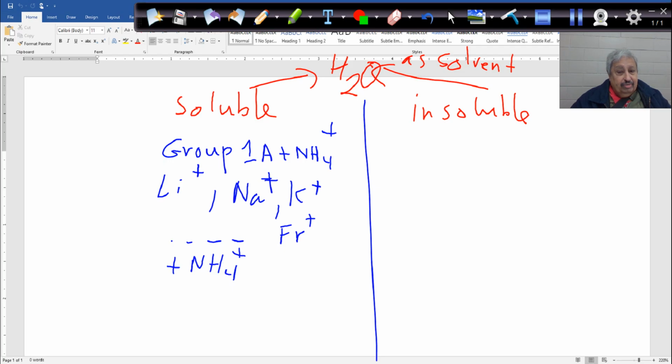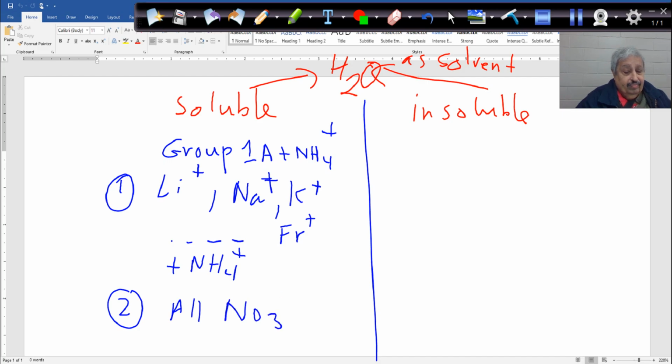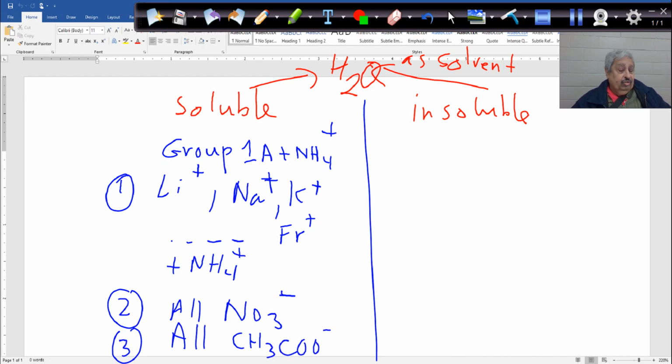Now the soluble anions, correct? Number 1 is group 1A and ammonium. Number 2, all nitrates are soluble. Number 3, all acetates, CH3COO minus, are soluble.